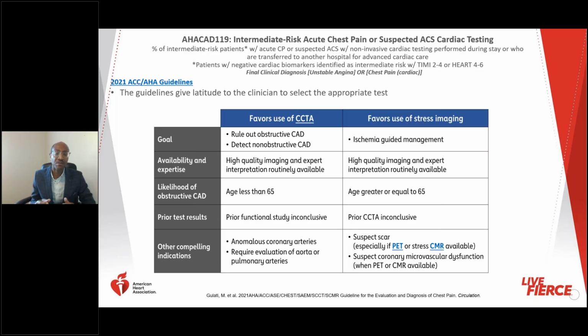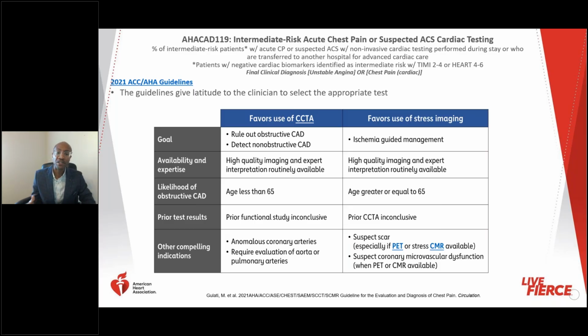In patients being referred for cardiac CT, some of the benefits would be being able to detect anomalous coronary arteries, evaluating for PEs, evaluating for aortic dissections, and being able to non-invasively evaluate patients, particularly those unable to exercise.